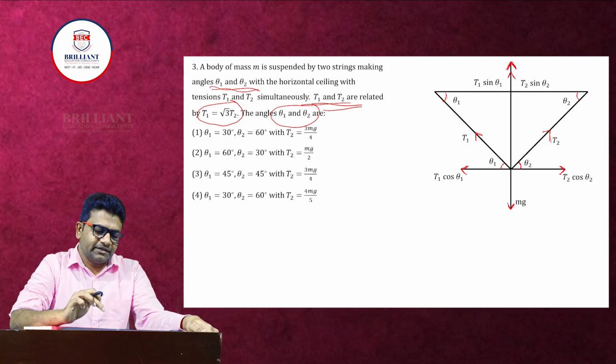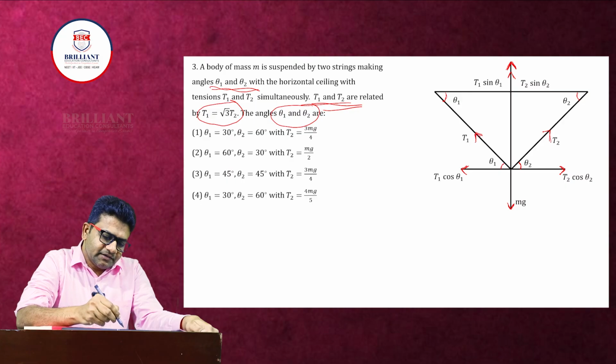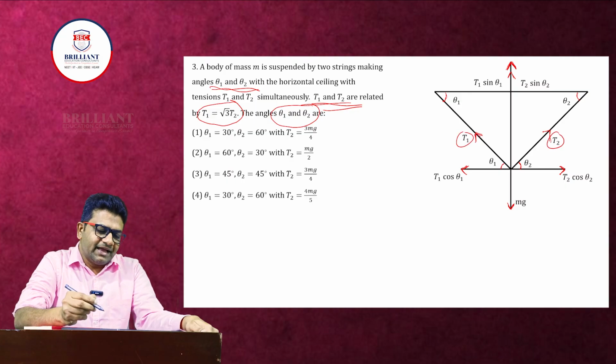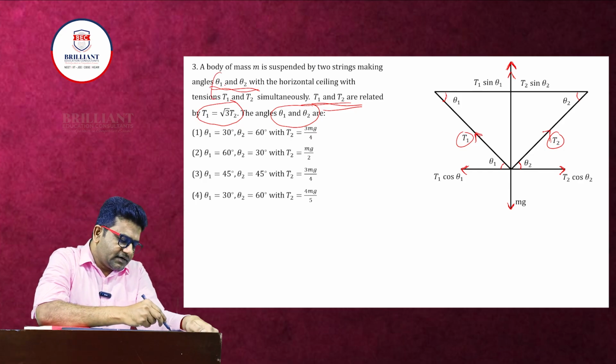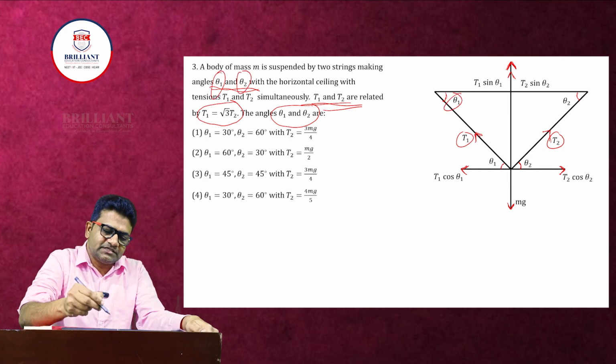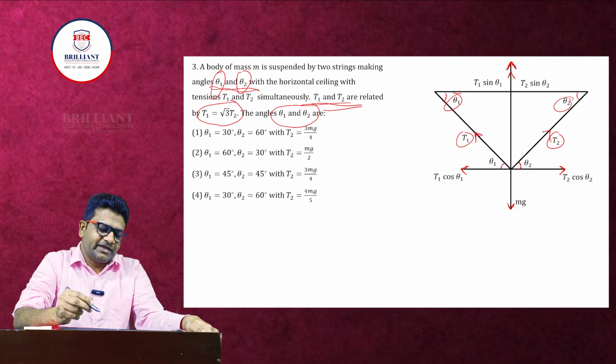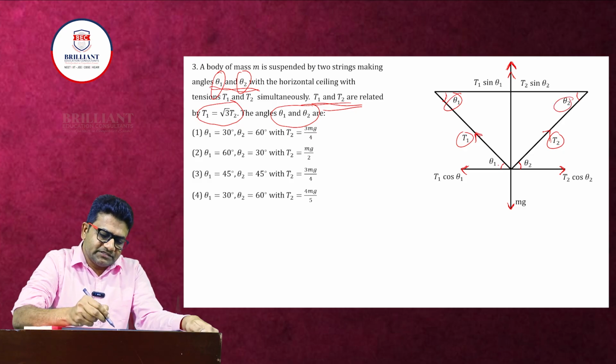If we draw it, we get T1 here and T2, and as already told in the question, theta 1 and theta 2. So we mark theta 1 here and theta 2 here. This is also theta 1, and this is also theta 2.